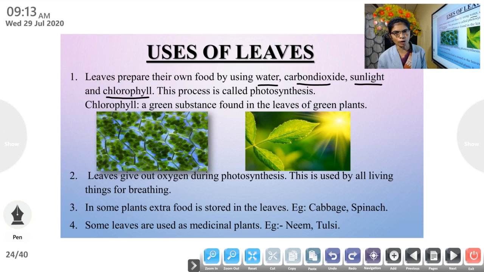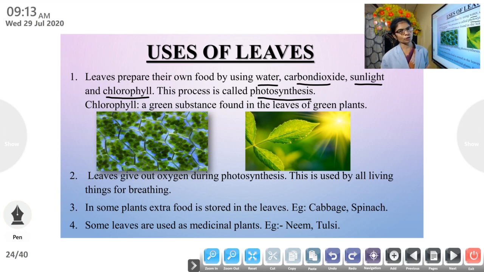This process is called photosynthesis. What is photosynthesis? Leaves prepare their own food by using water, carbon dioxide, sunlight, and chlorophyll. This process is called photosynthesis.